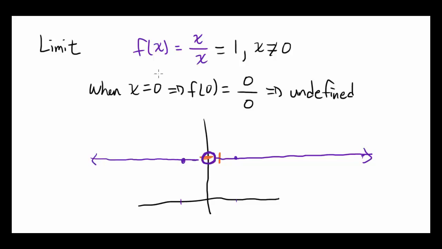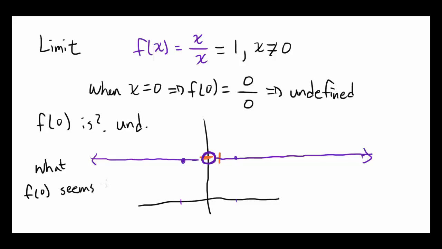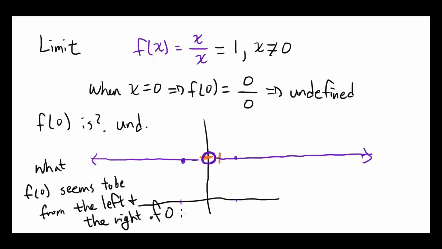And let's say someone asks you what f of 0 is. Well, the answer is undefined, and that's what you should say to them. But let's say someone asks you what f of 0 seems to be from the left and the right of 0.